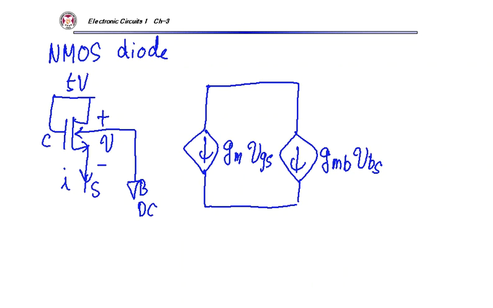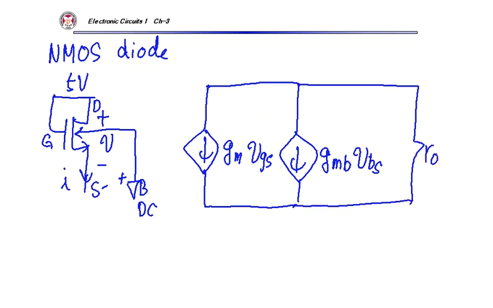This is a source, this is gate drain, right? So I have a non-zero VBS here, okay? Yeah, 5 volt is AC 0.